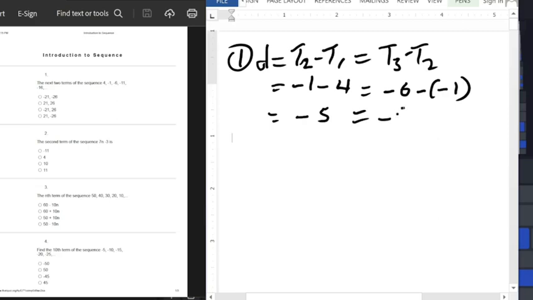So minus 5 equals minus 5. It means the difference between the terms is minus 5.